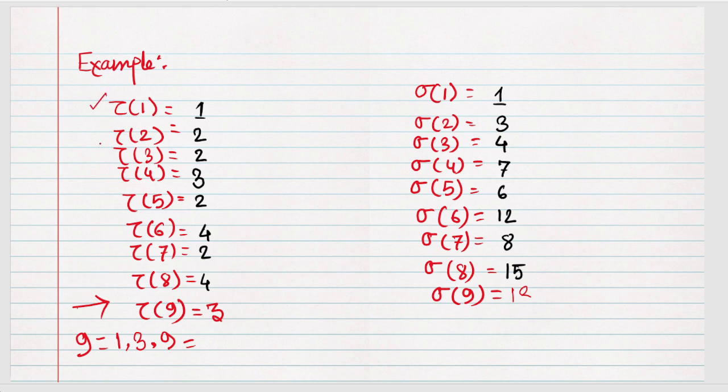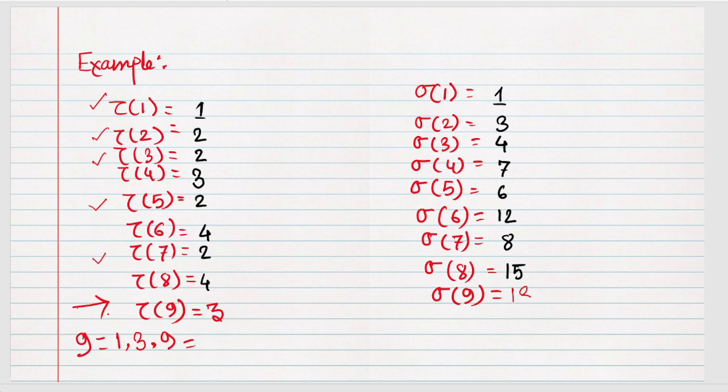If we go through all our examples, tau of 1 equals 1, tau of 2 equals 2, tau of 3 equals 2, tau of 5 equals 2, tau of 7 equals 2, and if we find the value of tau of 13, that also is 2. By following our steps, we can say that if n is a prime number, the value of tau is always 2.